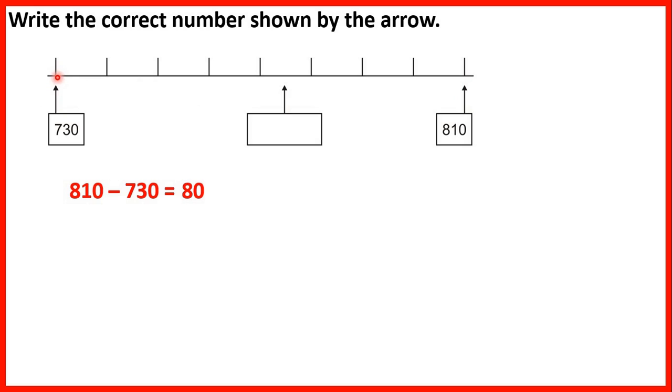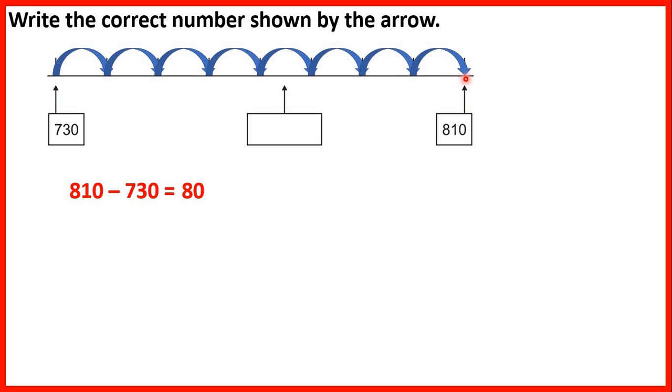And to get from 730 to 810, we have 1, 2, 3, 4, 5, 6, 7, 8 of these little lines. So we can divide 80 by 8 because we need to make 8 jumps to get from the numbers that have a difference of 80, and that tells us that each jump is an increase of 10.